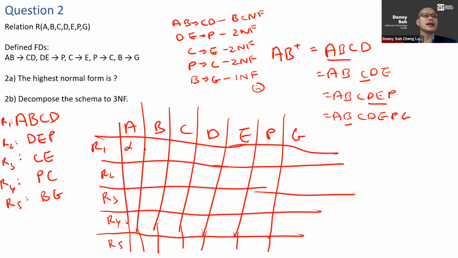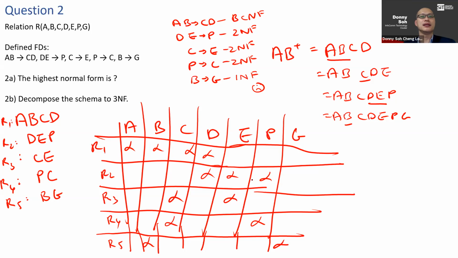Okay, this is A, B, C, D; D, E, P; C, E; P, C; and B, G. Okay, so let's see, A, B implies C, D, nothing we can do here.